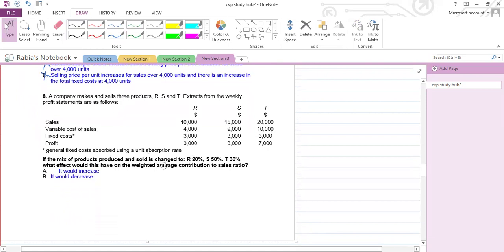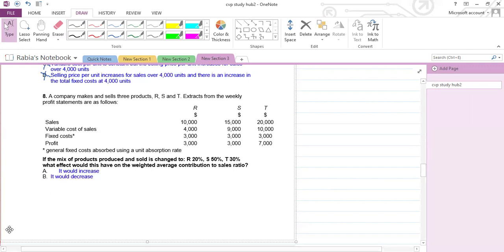General fixed cost is absorbed using an absorption rate. If the mix of products produced and sold is changed to 20%, 50%, and 30%, what is the effect of this on the weighted average contribution to sales ratio? So you have to calculate the weighted average contribution to sales ratio.